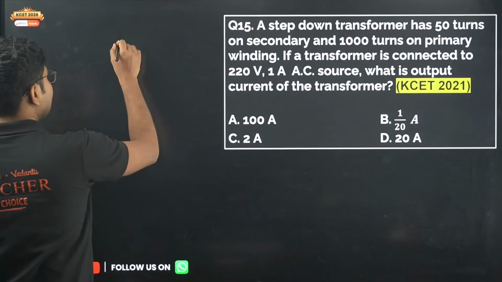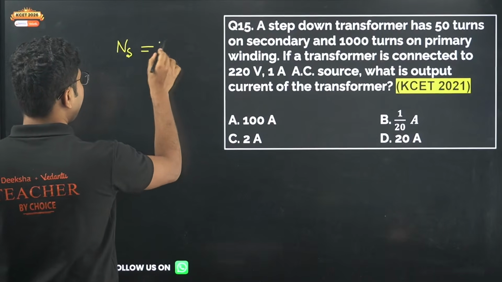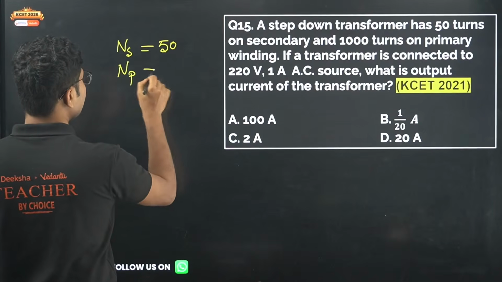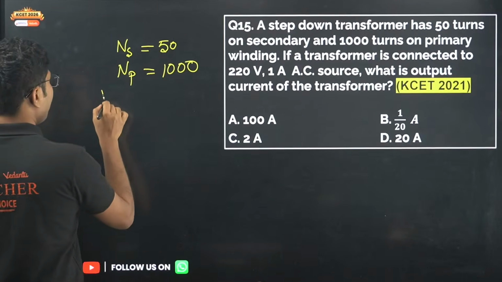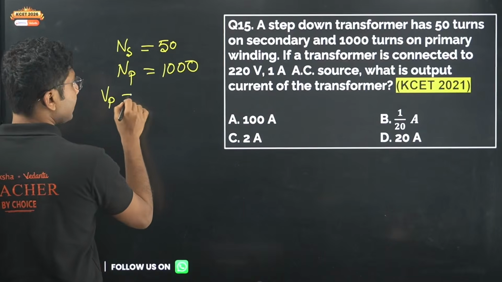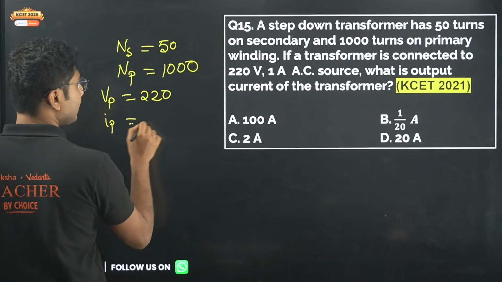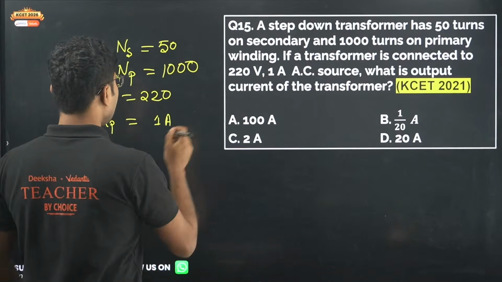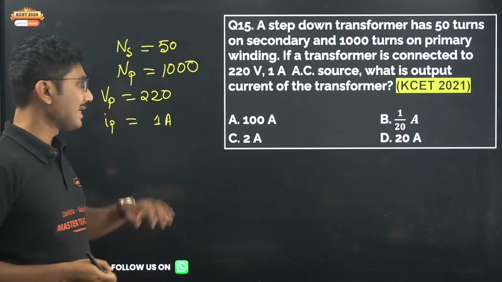So number of turns in secondary equals 50, number of turns in primary equals 1000. Voltage in primary is 220 and current in primary is 1 ampere. Now step down transformer means voltage goes down but current increases.